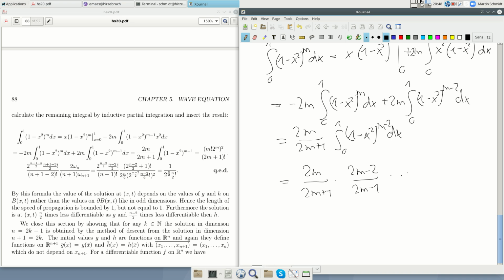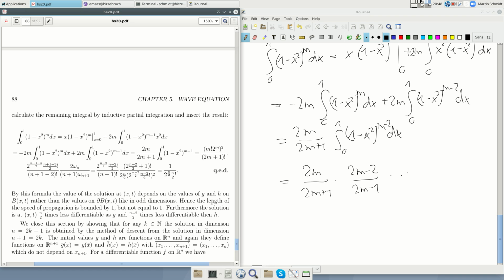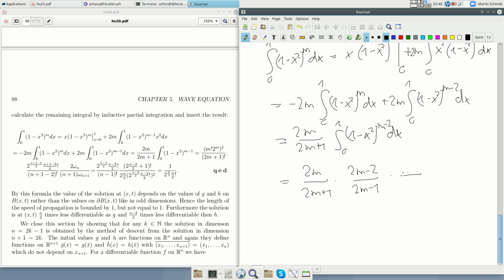Until m is 2, then this goes away. So the last factor has the bottom term 1 and the top term 2. And if this is 1, then this is just 1.